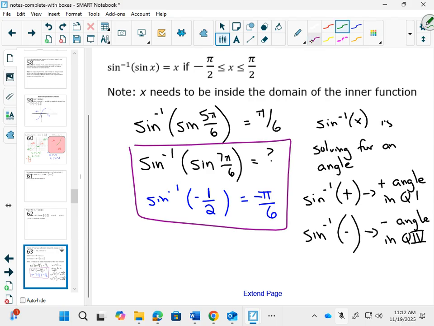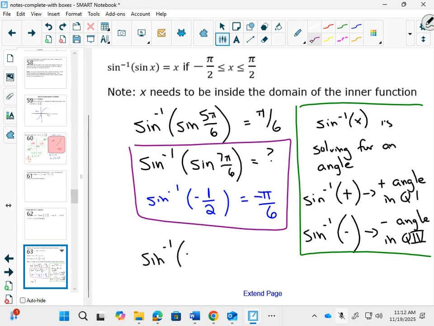We're going to make one of these helpful hints for sine inverse, cos inverse, and tan inverse. They can help you solve things really quickly. For example, if I had sine inverse of sine of 7 pi over 3, 7 pi over 3 is in which quadrant?